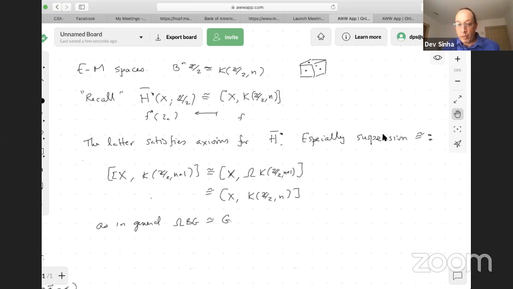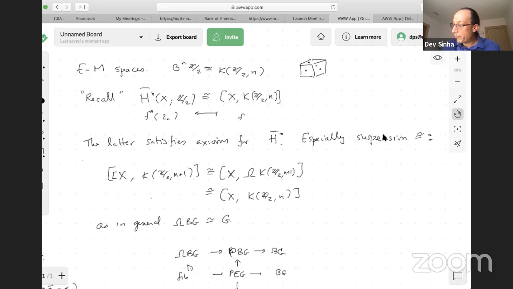So why is this last one true? Well, there's again just a little comparison. Loops BG sits in a fiber sequence with paths on BG and BG. I can map paths on EG to that and BG there, and then I would get some fiber which is equivalent.